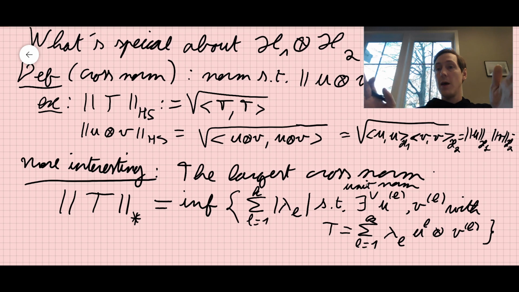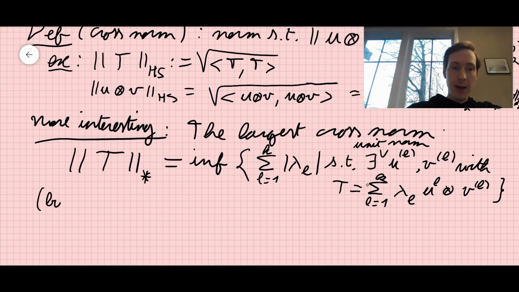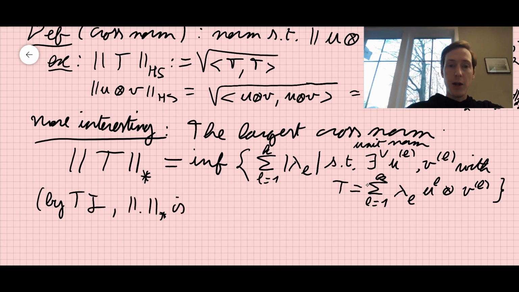But the norm of UL VL, because it's a cross norm, is the norm of UL times the norm of VL, which is 1 because UL and VL are norm 1 vectors. So by the triangle inequality, norm star is the largest cross norm.